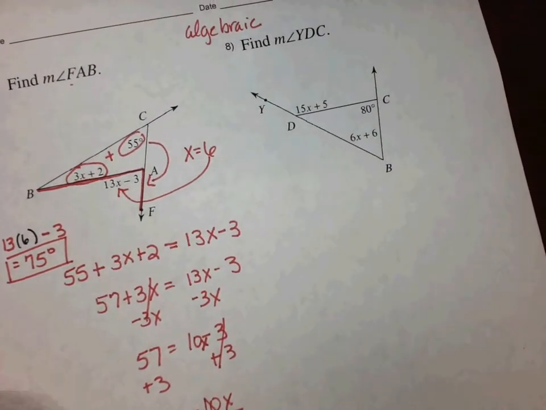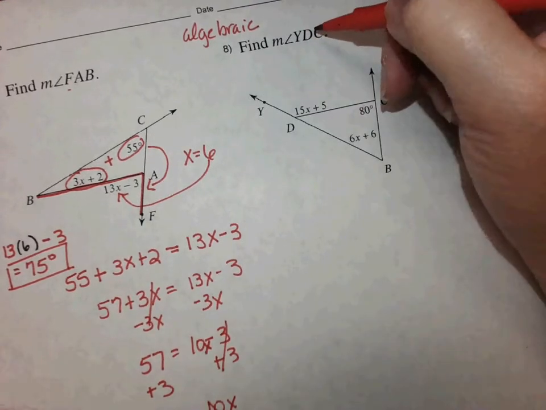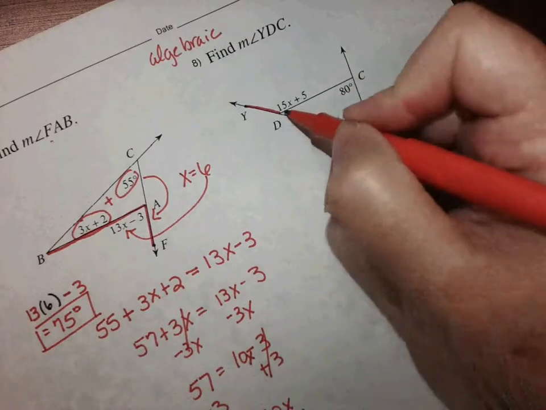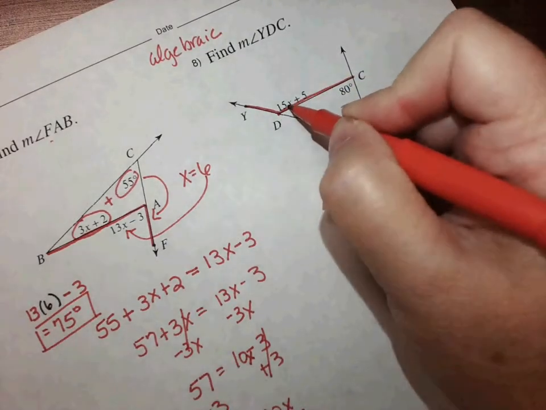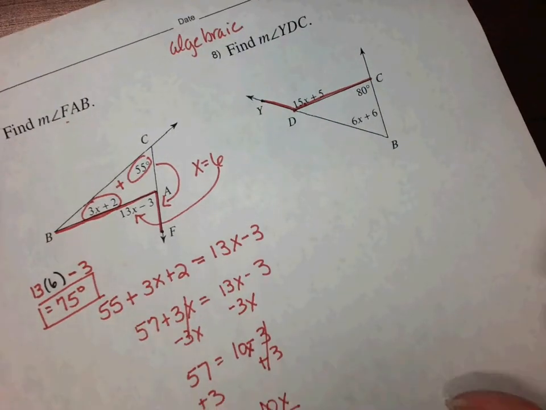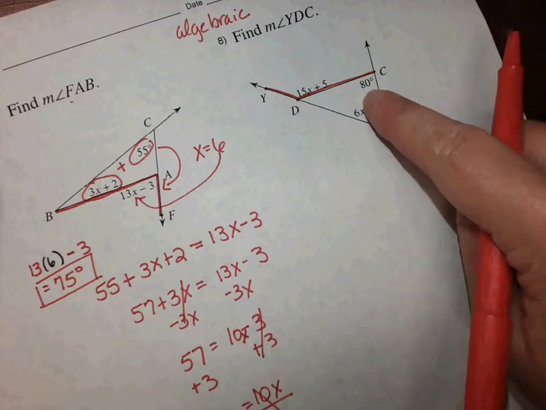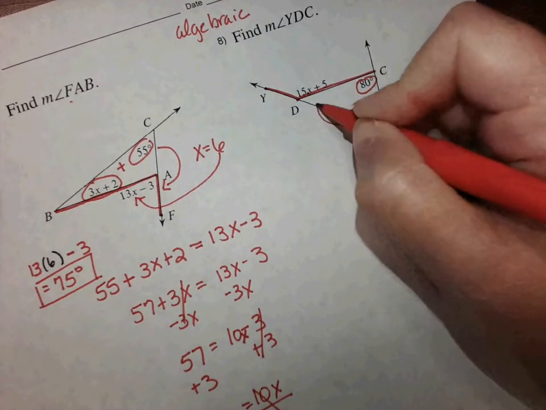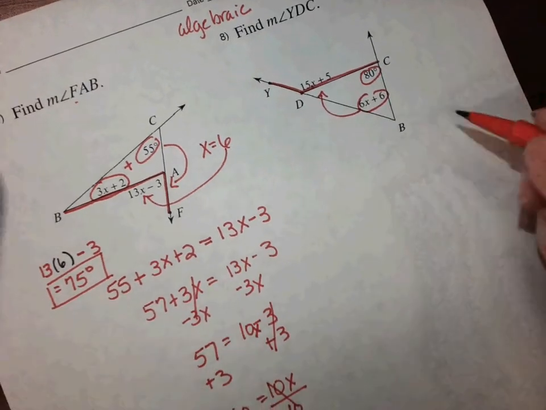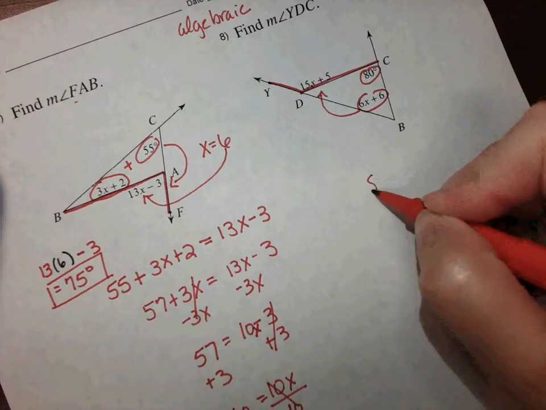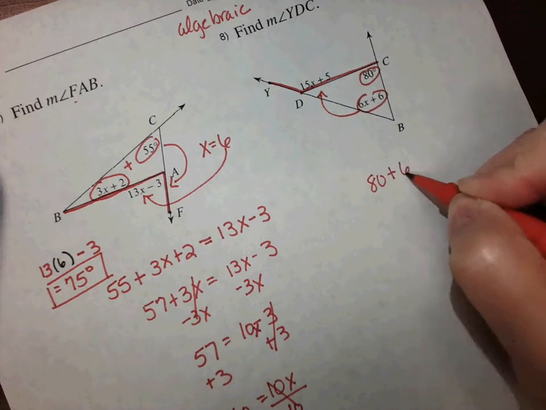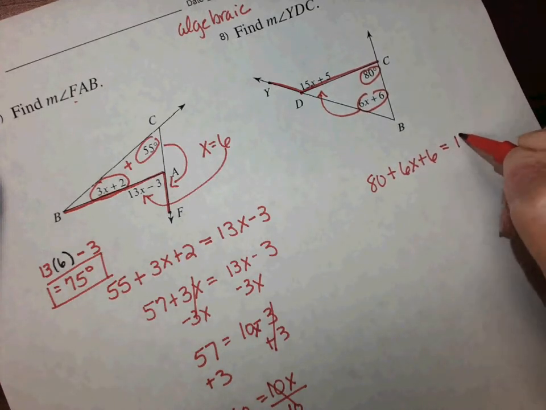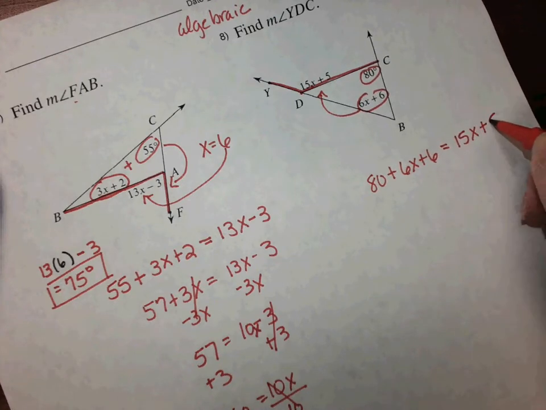Alright. This one says to find the measure of angle YDC. So YDC is this angle right here, 15x plus 5. Again, I know that this angle plus this angle is going to equal that one. So I'm going to set it up just like that. 80 plus 6x plus 6 is going to equal 15x plus 5.